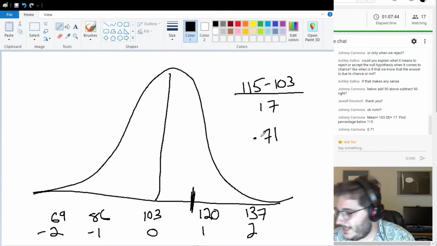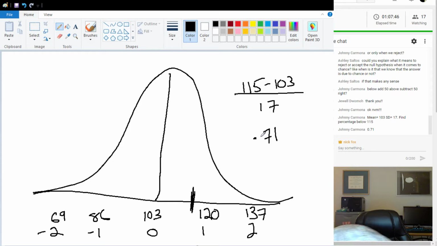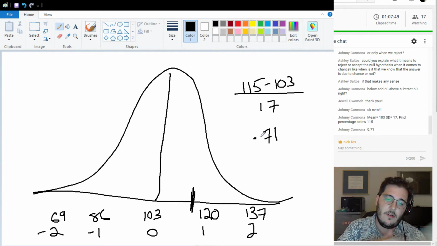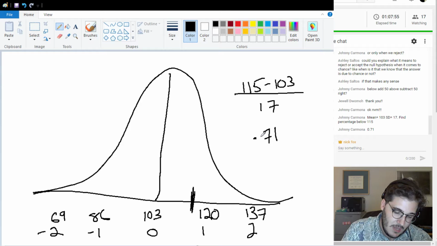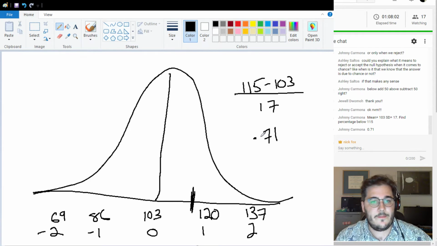So now you look up 0.71 in the back of the book, table A, percent under the normal curve between the mean and z. You look up 0.7 on the left and 0.01, and you get 26.11.